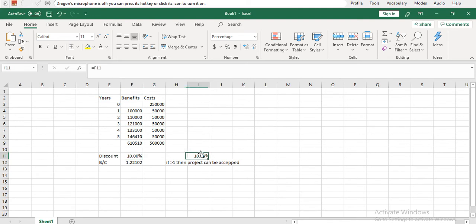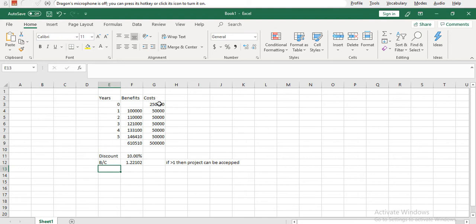I want to check whether it is 10% or something else. If I get 0.1, then it is 10%. Perfect. Okay, I have 10%.